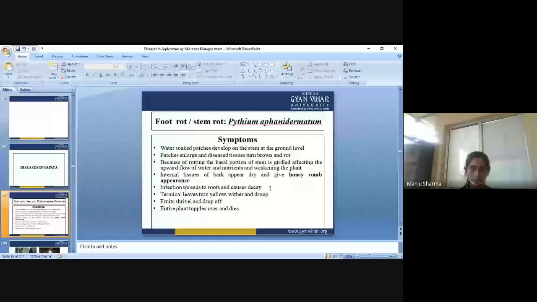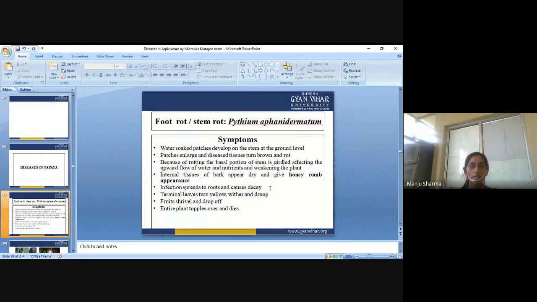Internal tissues of the bark appear dry and give a honeycomb appearance. Infection spreads to roots and causes decay.